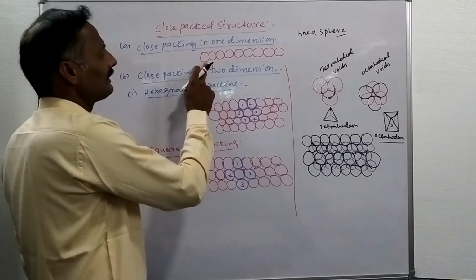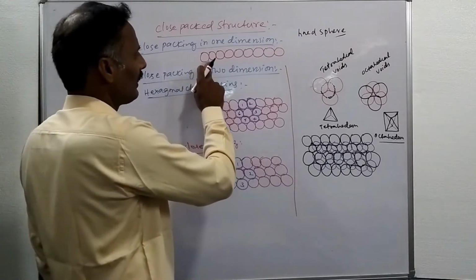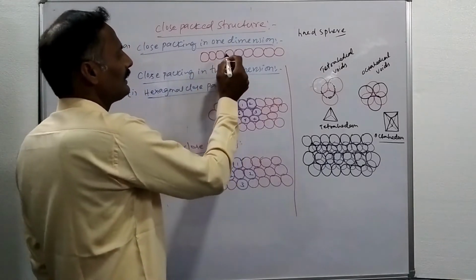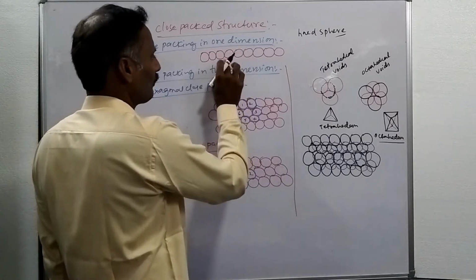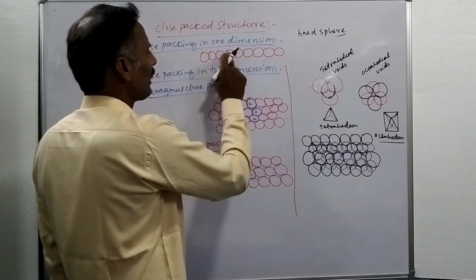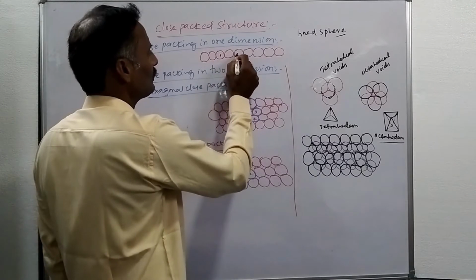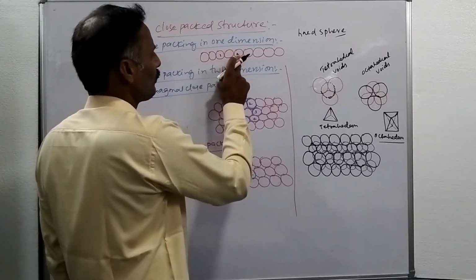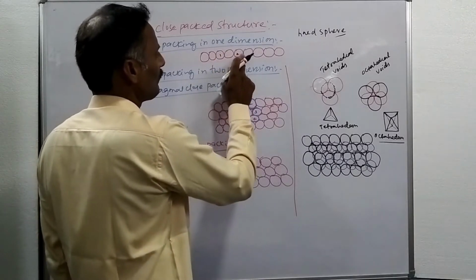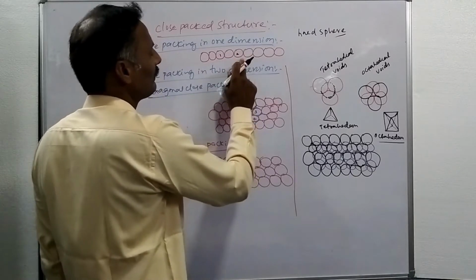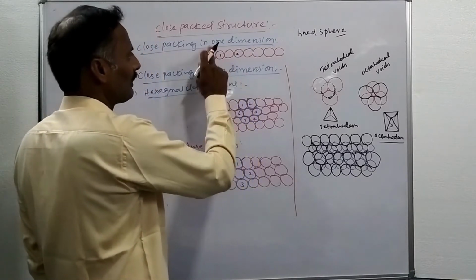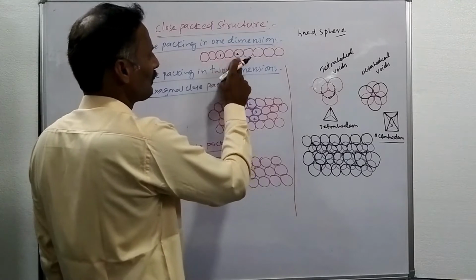These spheres are joined in 1 row, and each particle in the row is surrounded by 2 neighboring particles. This is 1, this is 2. This particle is surrounded by 2 particles, 1 and 2. Like that, each particle in a 1-dimensional closed packing is surrounded by 2 neighboring particles.